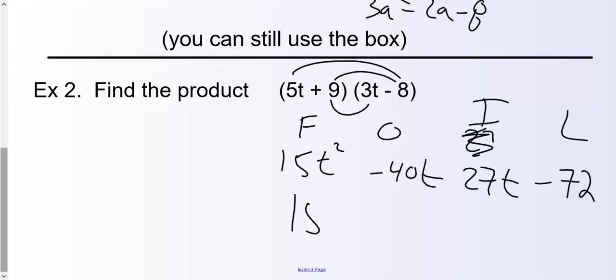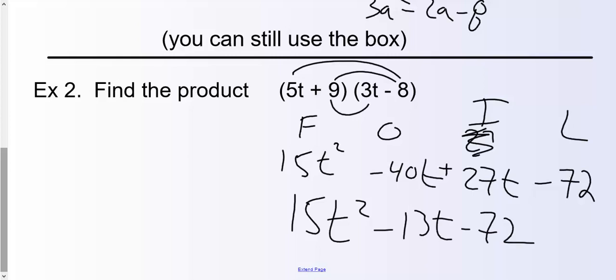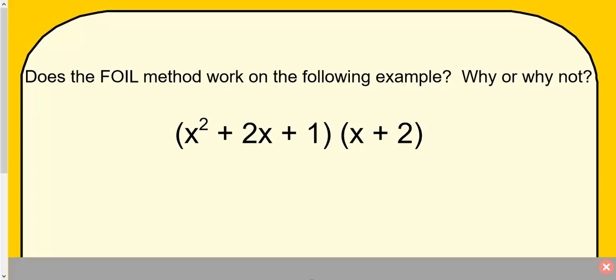And then combine like terms. Let's see. The 27t was a positive, so that'd be minus 13t and minus 72. So FOIL or the box, your call. FOIL will not work on a binomial times trinomial. There's too many terms here.